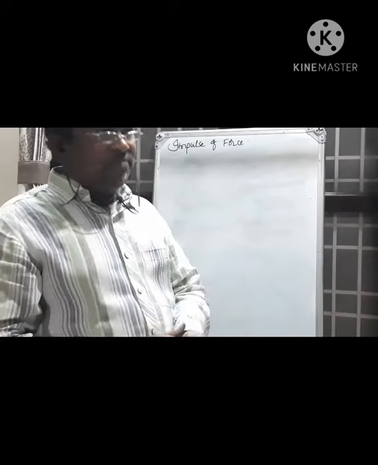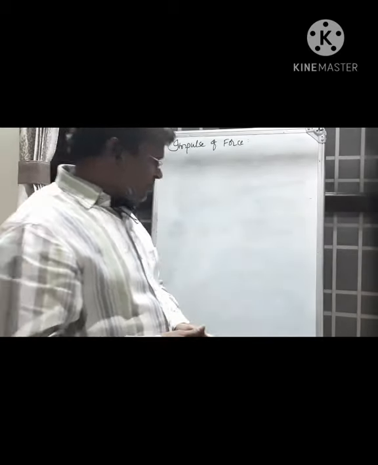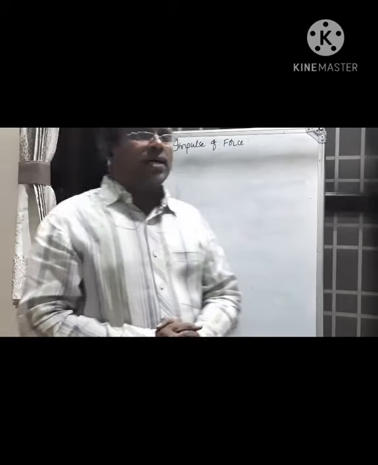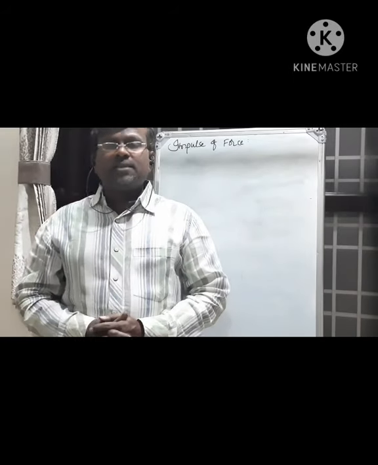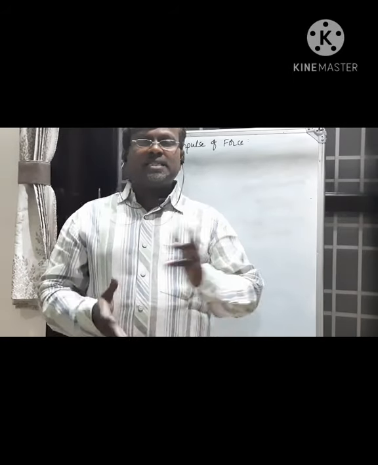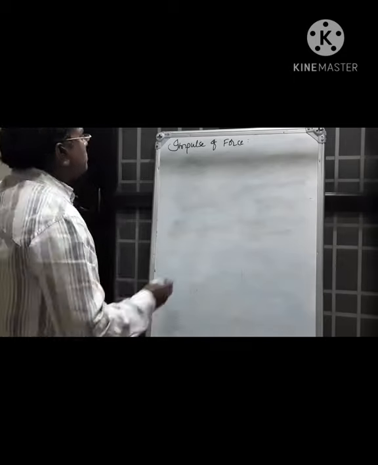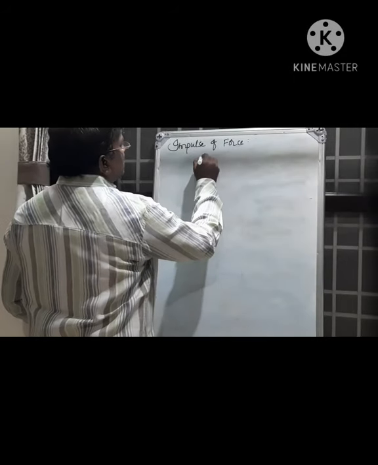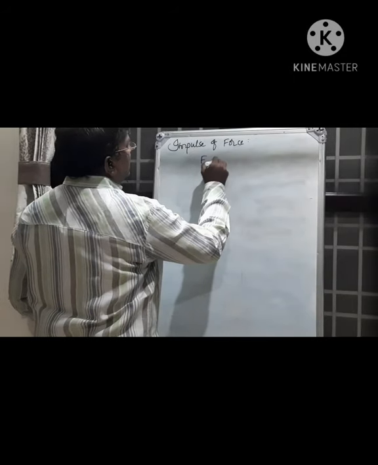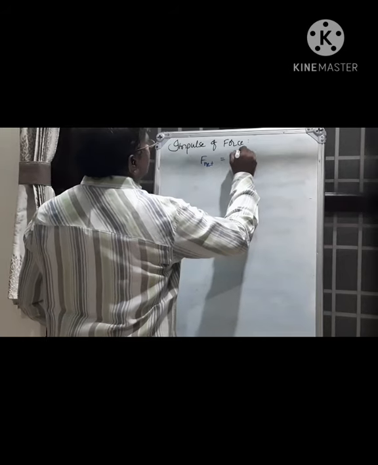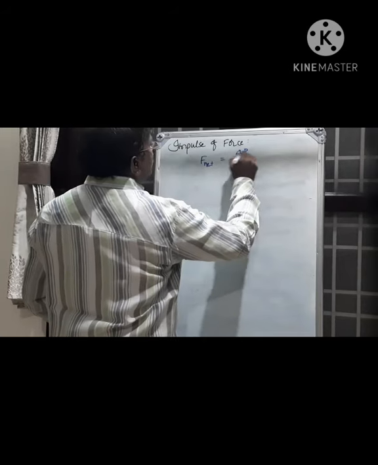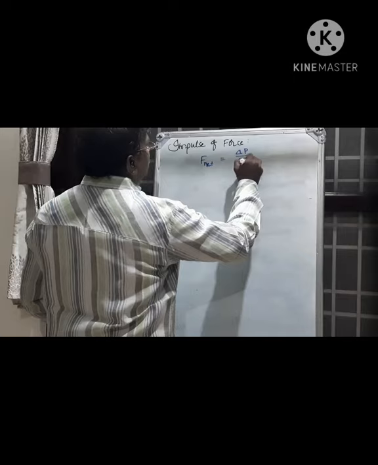Now let us try to derive a formula for impulse. For that we have to recall the formula that we learned while learning Newton's second law. According to Newton's second law, F net is equal to the rate of change of momentum.